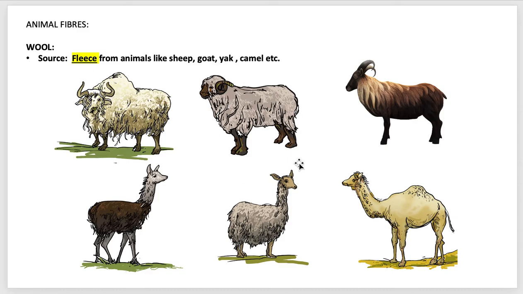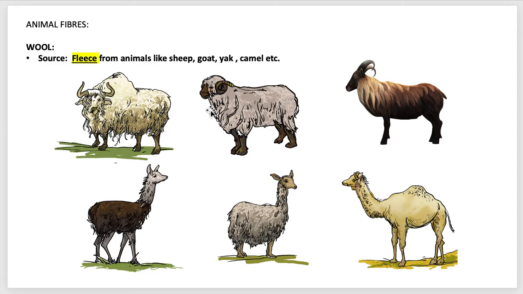And let's focus on this sheep over here. Just like all these animals, sheep has two types of hair. One is the coarse beard hair, which grows over here near the chin. That's really coarse, it's really rough. And the other is the fine soft under hair, which is really close to the skin.